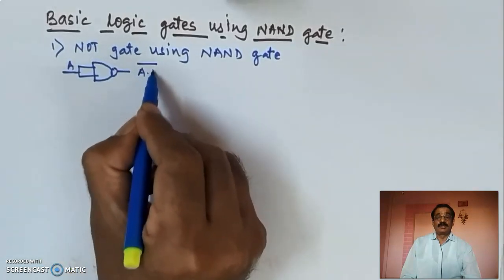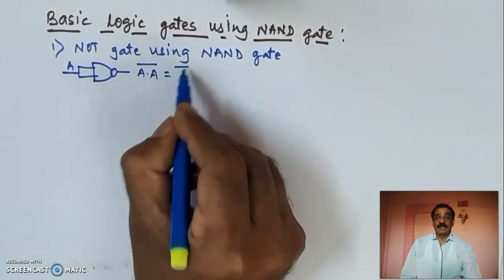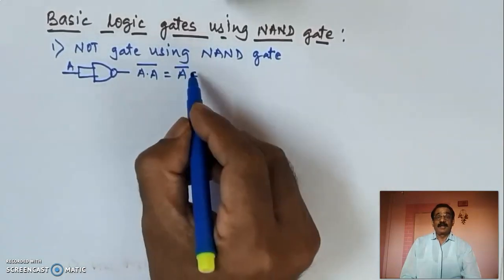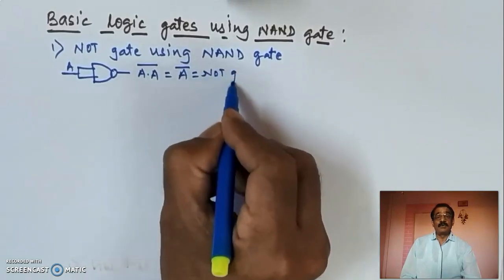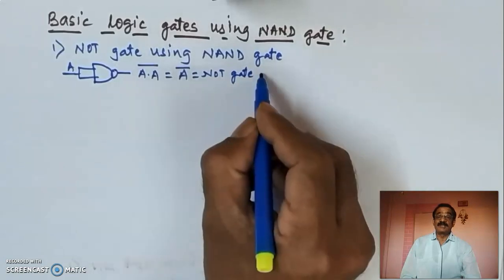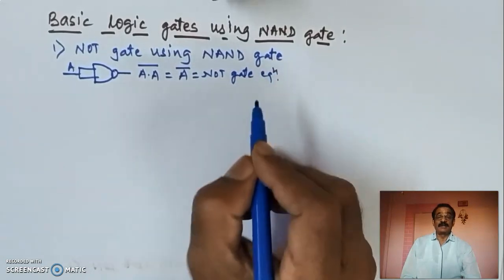So we get the output complement of A into A. According to Boolean laws and theorems, A into A is A. Therefore, the output is complement of A, which is the Boolean equation of the NOT gate.